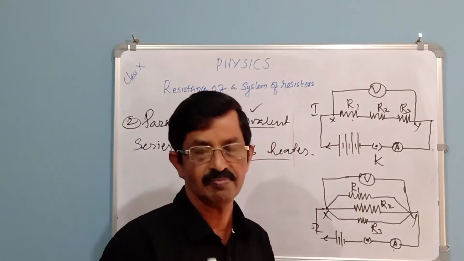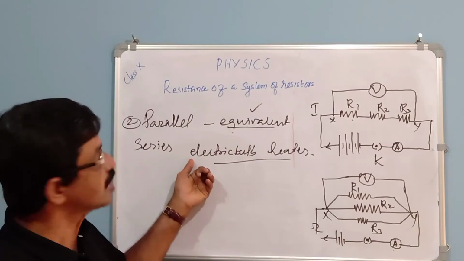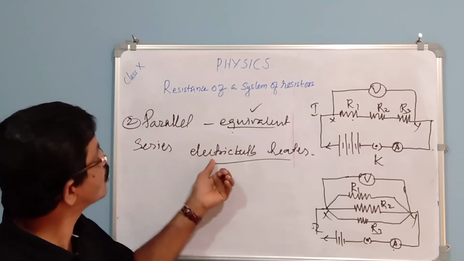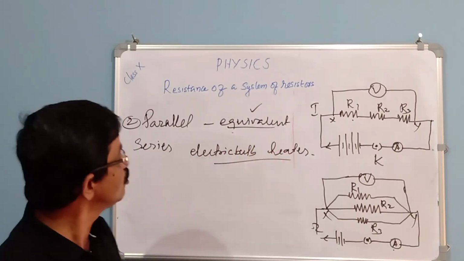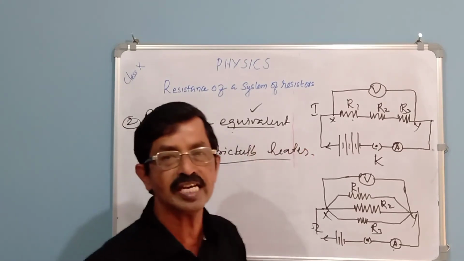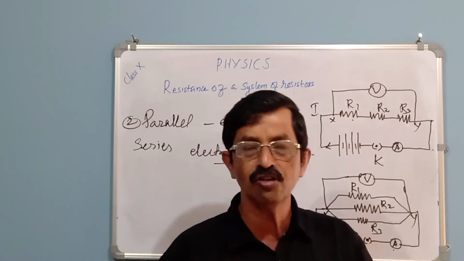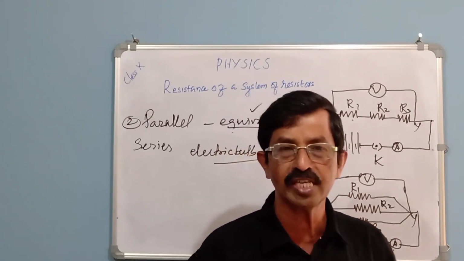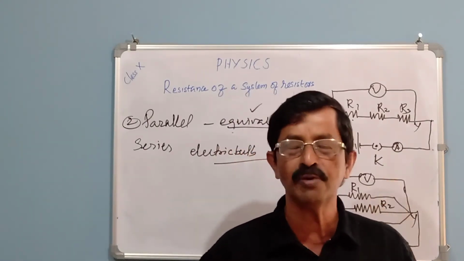If they are connected in series, what is the problem? The current through these two will be the same. The electric bulb and electric heater require entirely different currents. So we cannot connect them in series because they cannot work at their proper power.